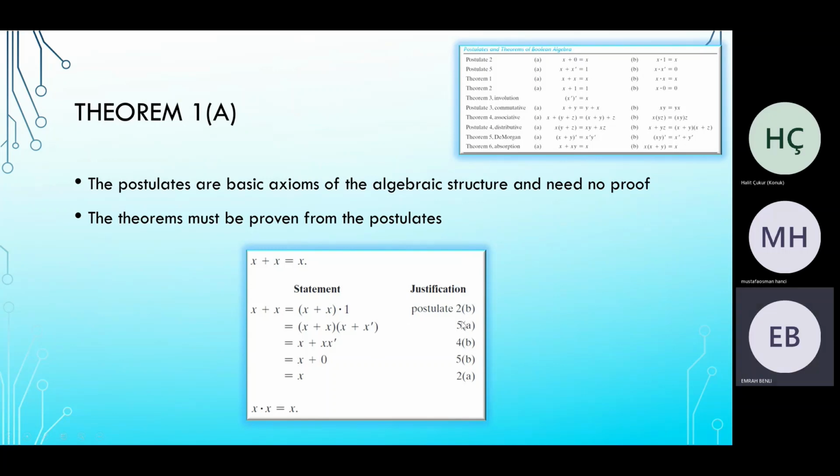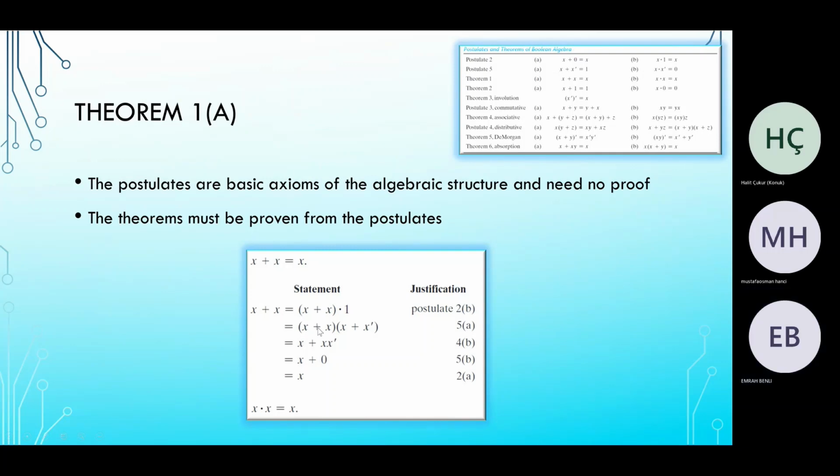And now we are going to use 4b. Go to 4b, postulate 4b. So this expression can be written in this form. And let's write this one in this form. What is it?